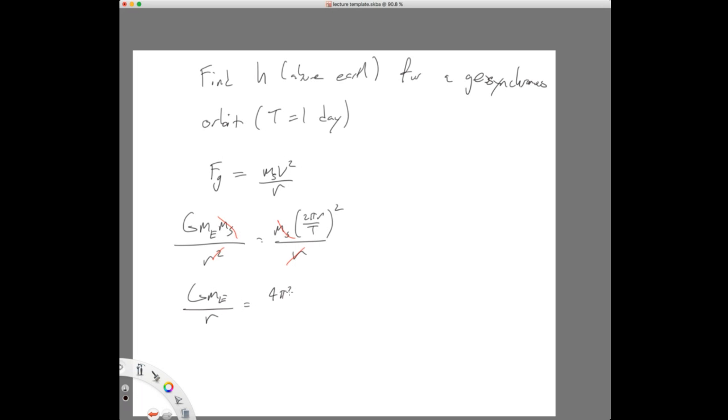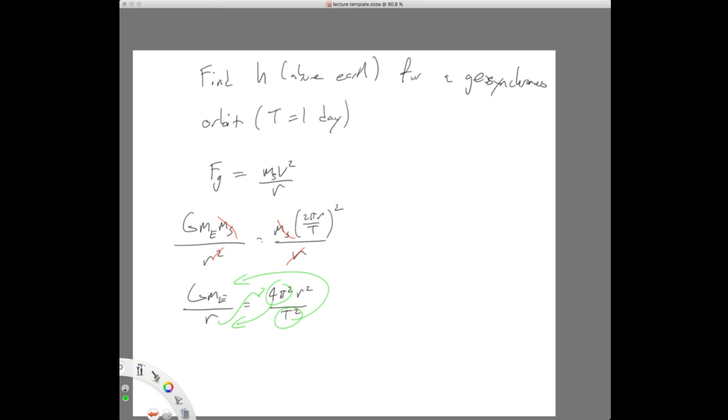We have 4 pi squared r squared over period squared. But this time we're trying to solve for r. So we'll move this r on the left up to the right and give us an r cubed, and we'll move this other stuff, so we're going to move this here, and we're going to move that down, and this one's going to move there.